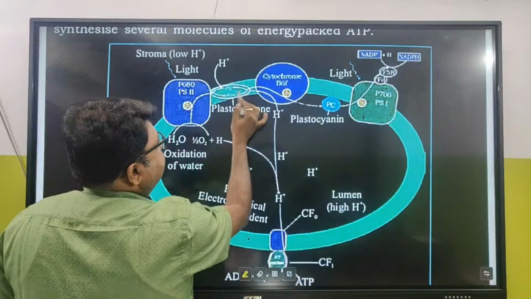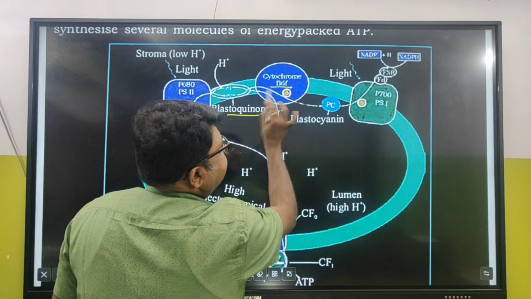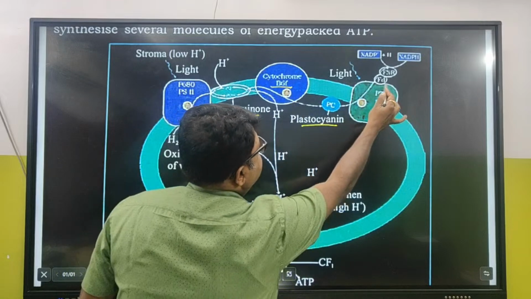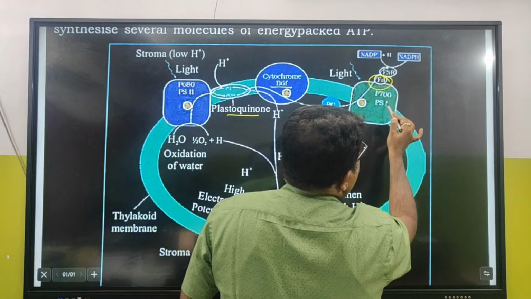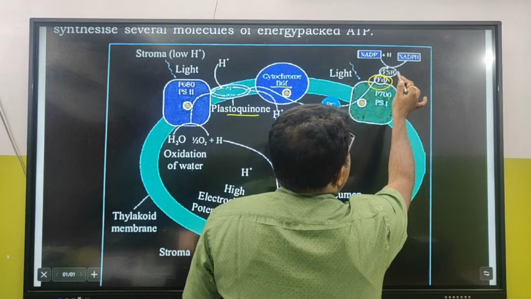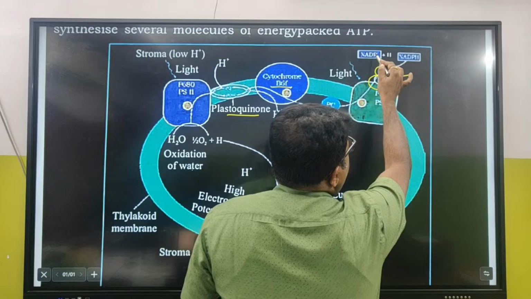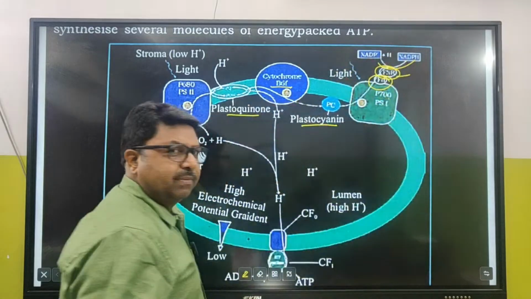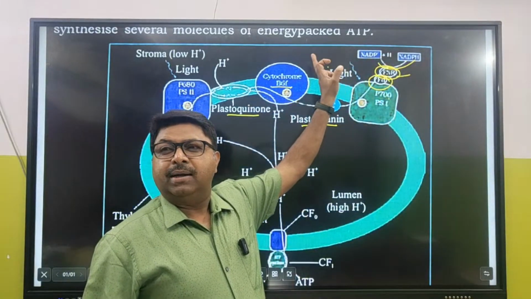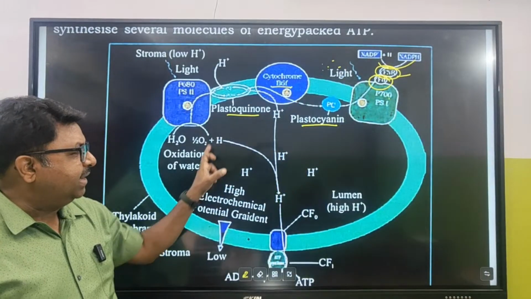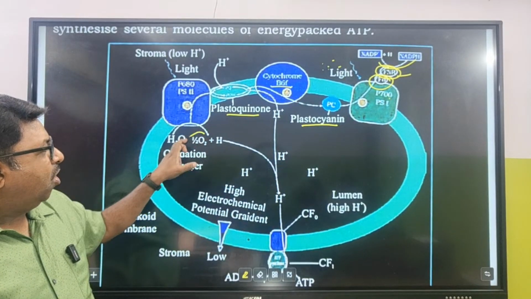Hydrogen acceptor, plastoquinone, cytochrome b6f, plastocyanin. Ultimately it goes to what? P700. FNR is a reductase enzyme. It forms what? NADPH2. This takes place inside the stroma. But inside the lumen, oxygen gets formed.